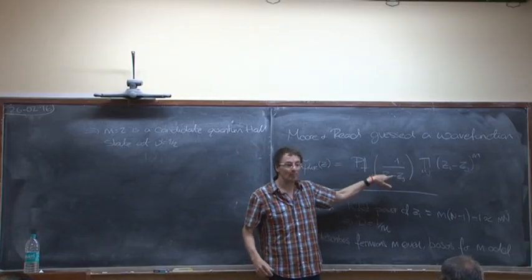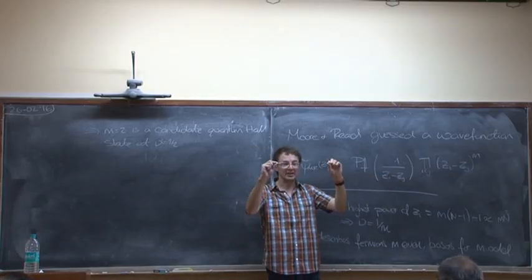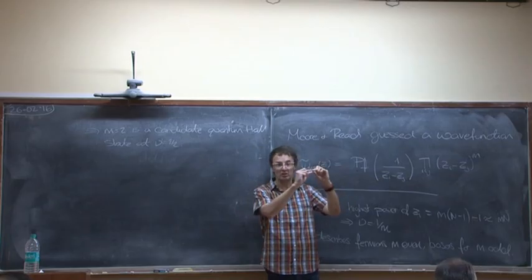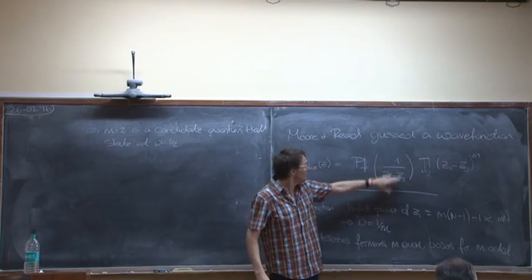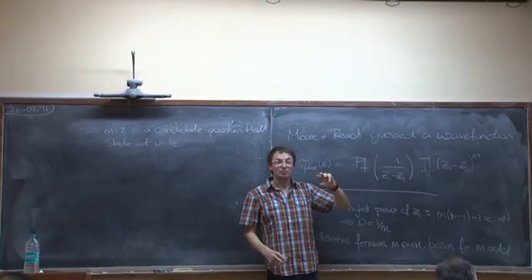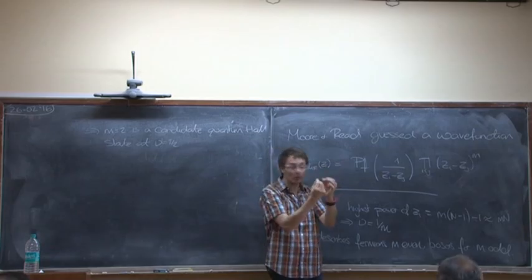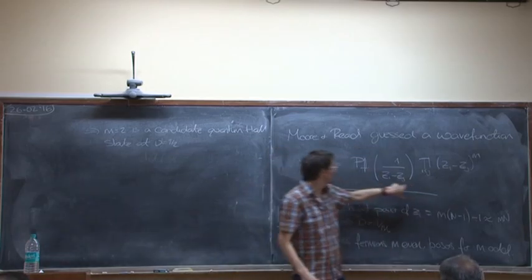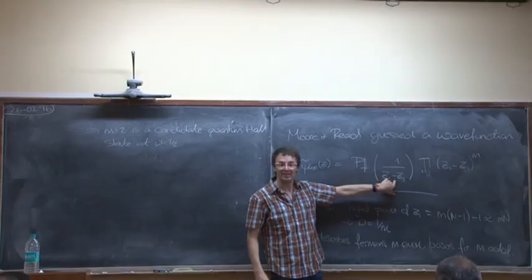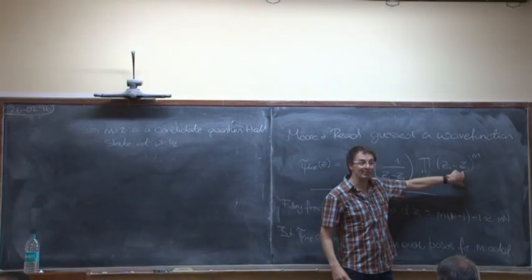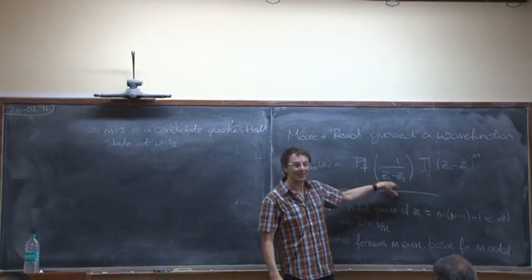So what happens? The Laughlin state had the property that it vanished whenever any two particles came together. This state, when m equals 1, has the property that it only vanishes if 3 or more particles come together. Because if 2 particles come together, there's a zero here that's precisely cancelled by a zero there, and only if 3 come together do you get an extra zero.